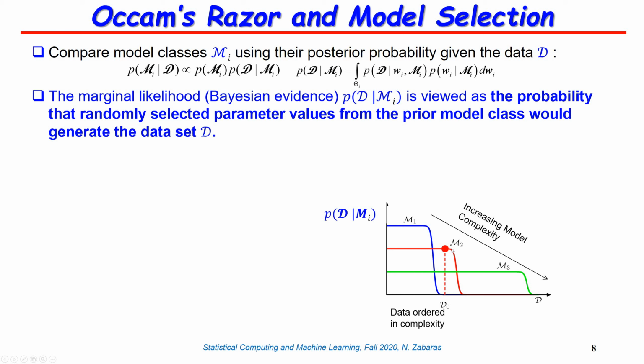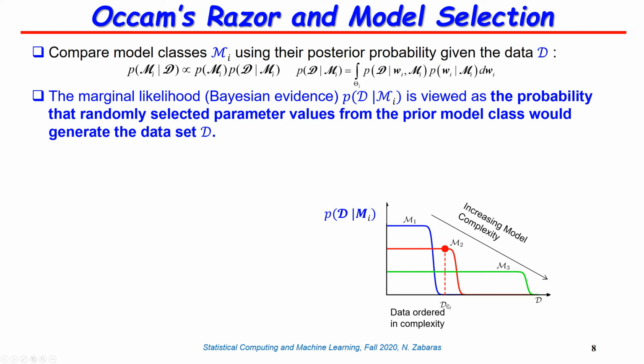M1 was a very simple model, M2 was an intermediate complexity model, and M3 was a high complexity model. And remember, the way that we generate this marginal likelihood for a given data set is by taking random samples from the prior to generate this data through the likelihood model for this particular model.